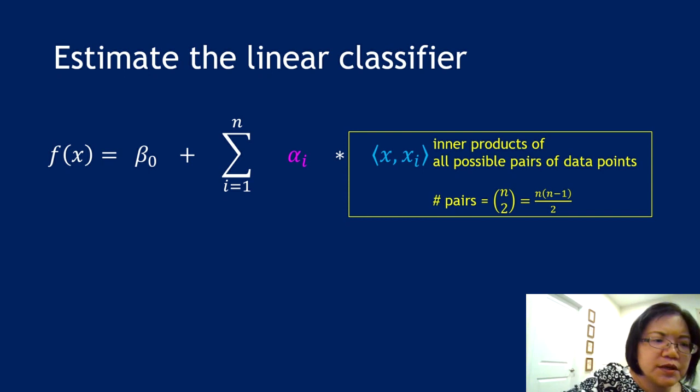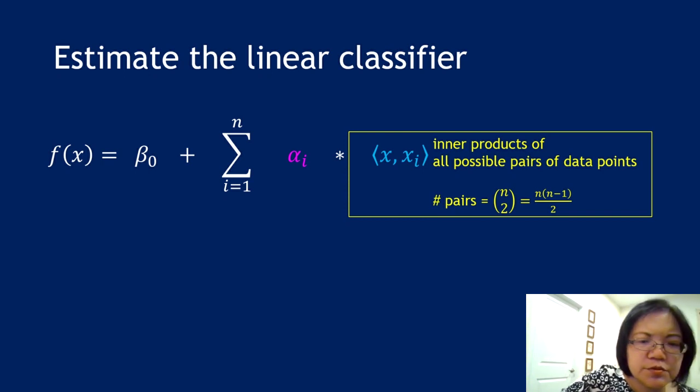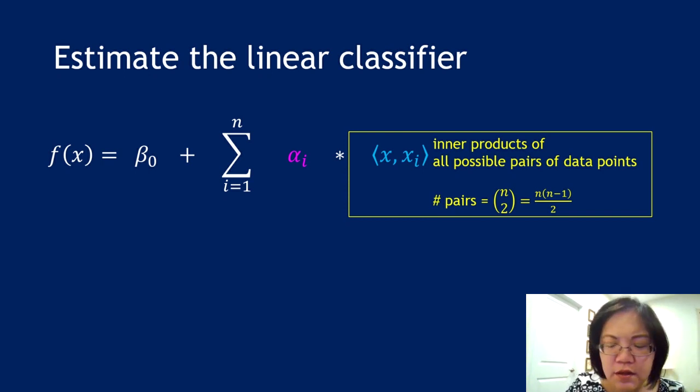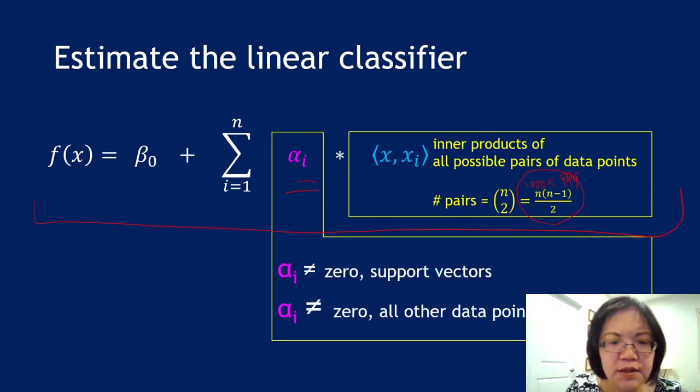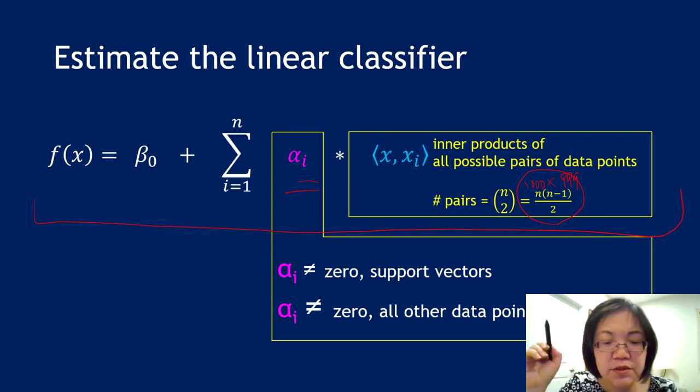And then we get this equation, which we can solve using convex optimization, and it turns out that the solution will reduce most of the alphas to 0. This is actually an error, so this should be equal to 0 for all the other data points.